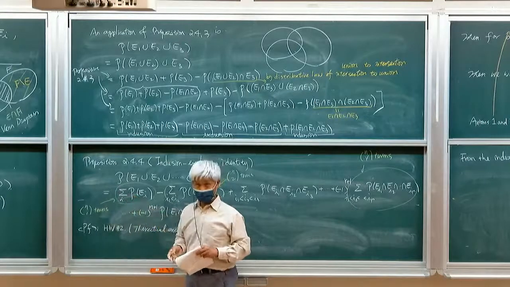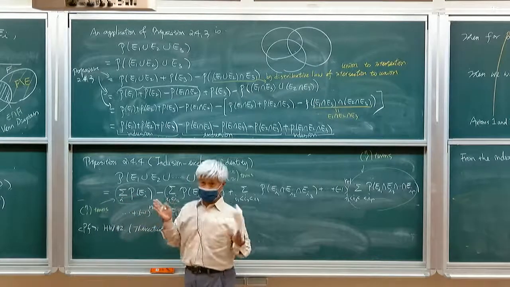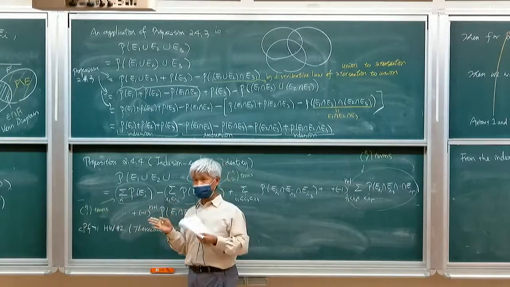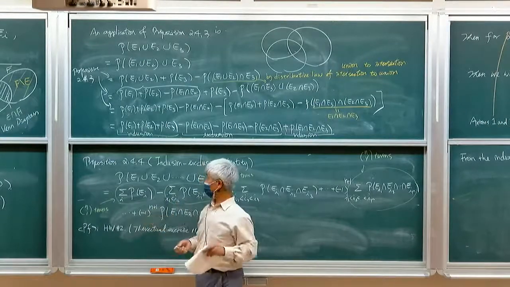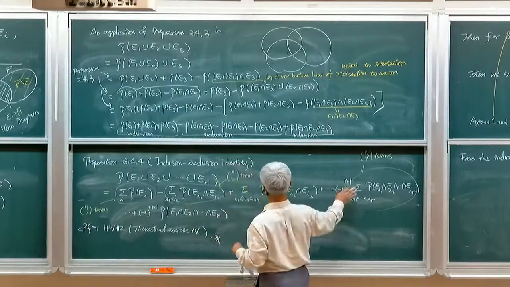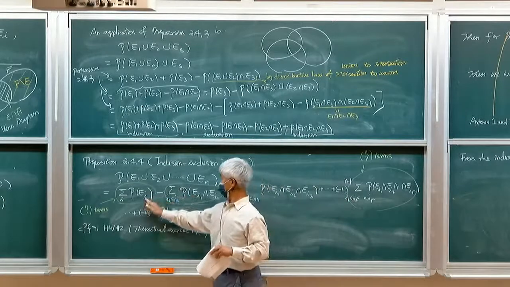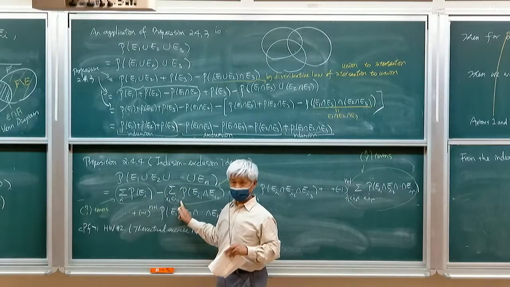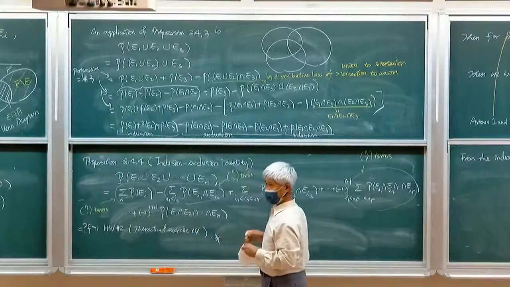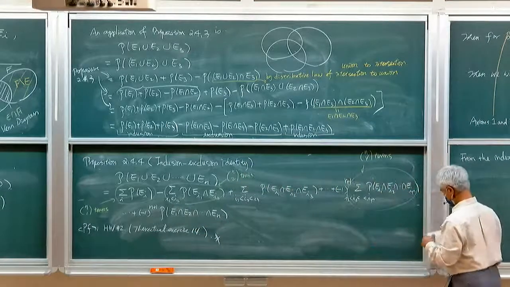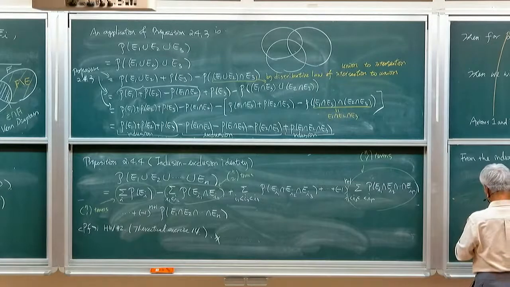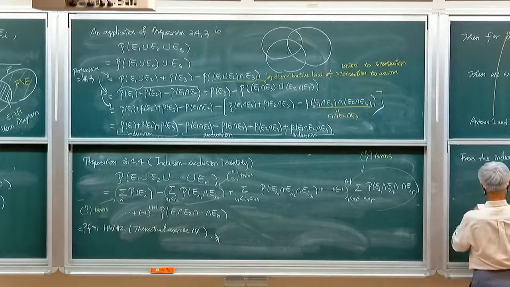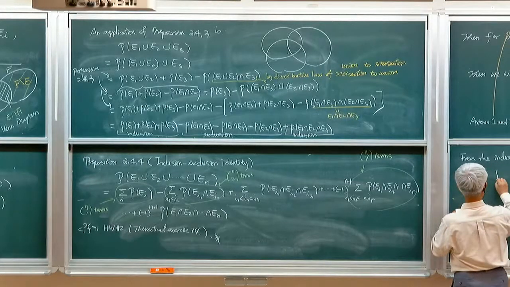If it's an inequality, what is the direction of the inequality? Greater than? Less than? How about if we truncate but leave the first two? Can we have another inequality? Lots of things like that. So we will prove what I write here.